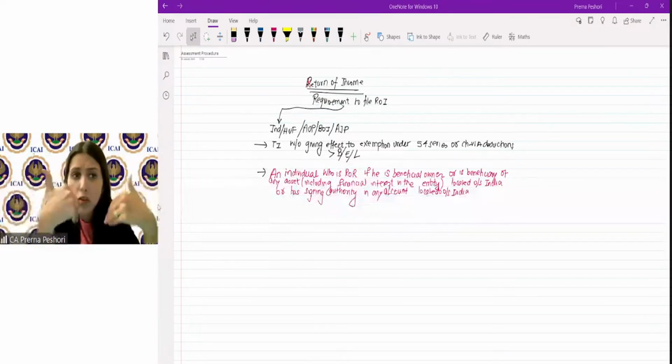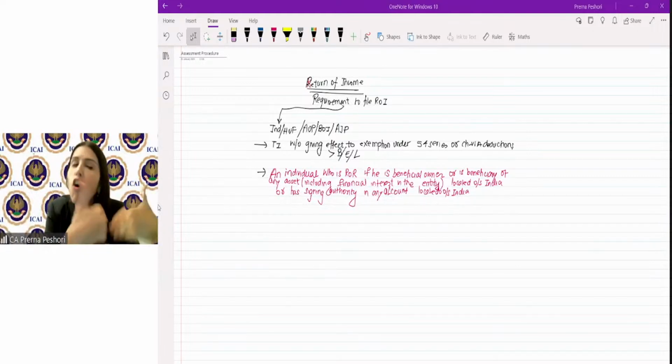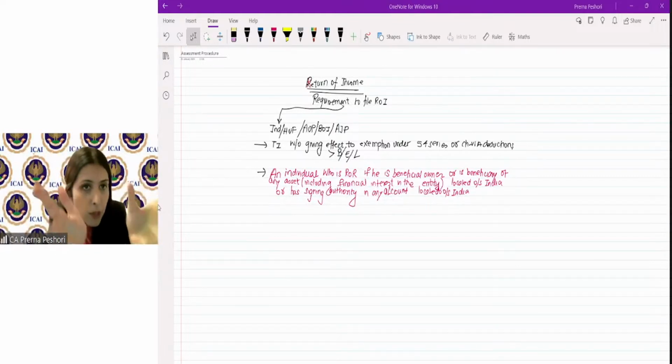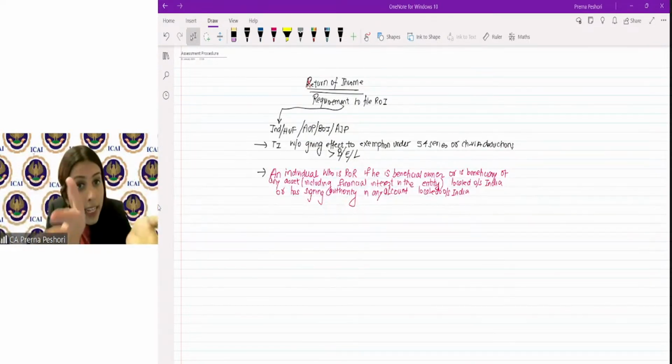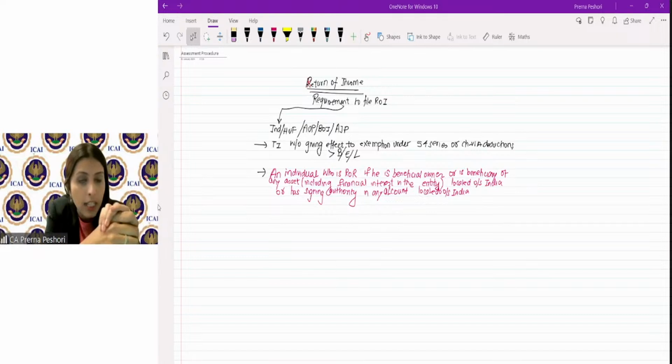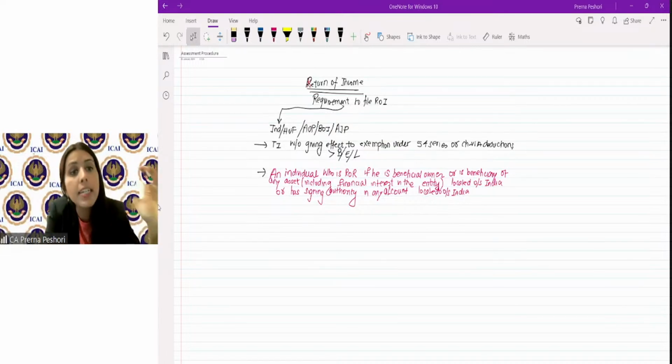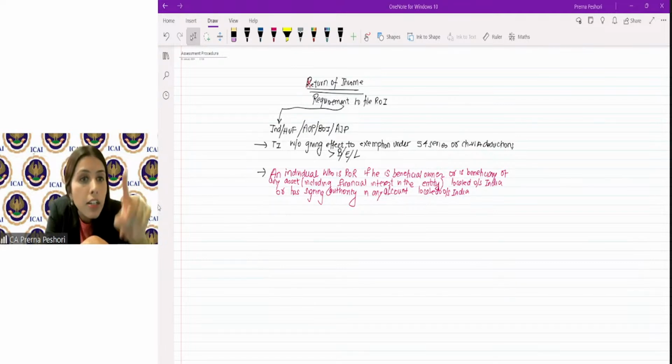The asset could be used for the benefit of himself or for some other person, but he has purchased some asset by spending the money on that, and that asset is located outside India. Now the asset also includes any financial interest in any entity. So let's say, for example, if the individual has not purchased any asset, but he is a partner in a foreign partnership firm or in a foreign company, he would be mandatorily required to file ITR without his total income exceeding the basic exemption limit.